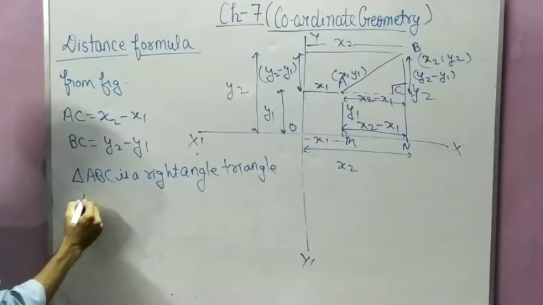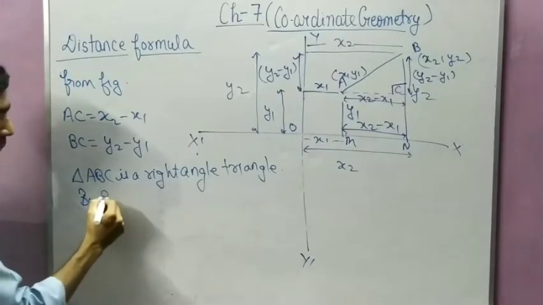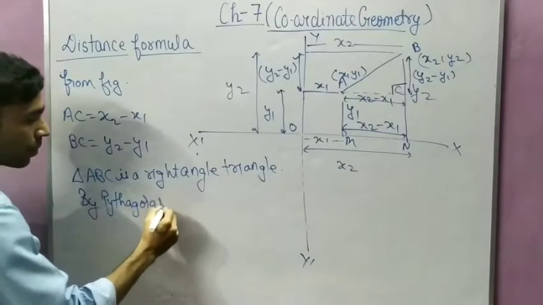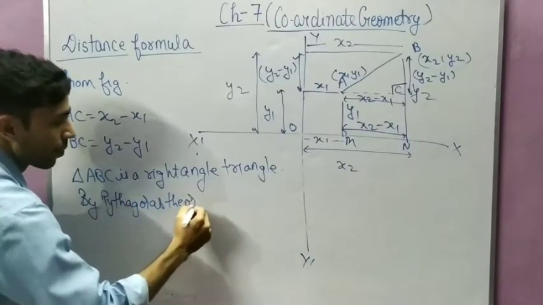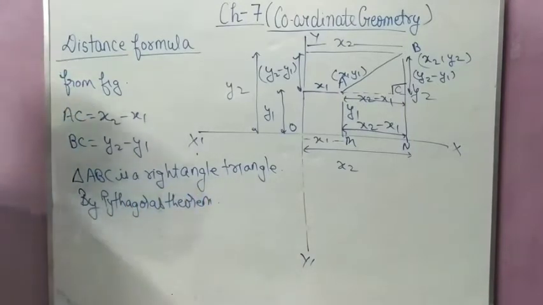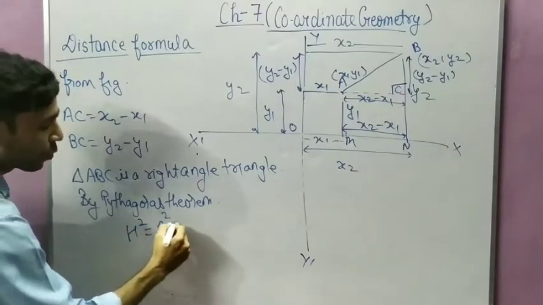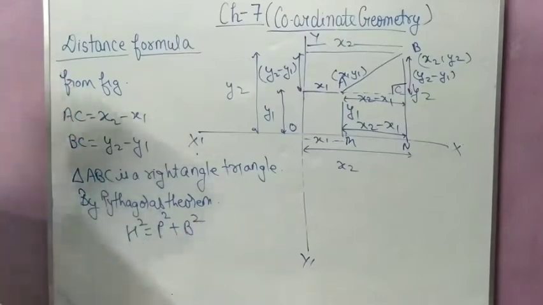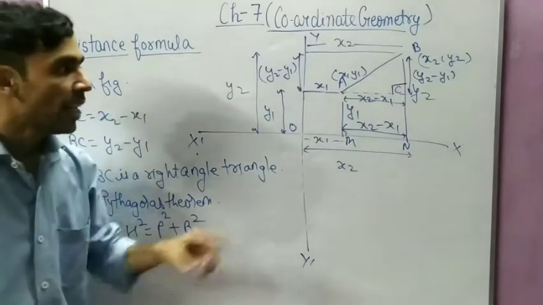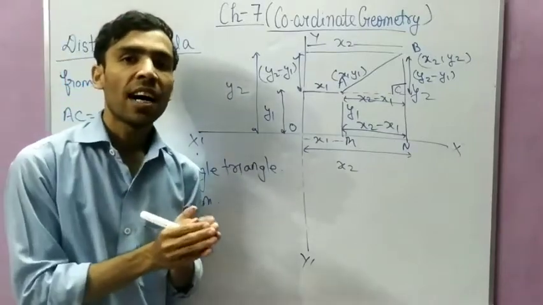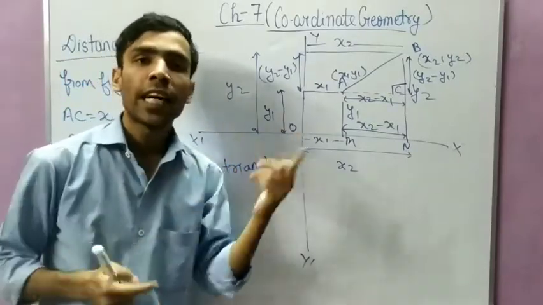So by Pythagoras theorem, what is Pythagoras theorem? Hypotenuse square is equal to perpendicular square plus base square. This you all know. And in this triangle, what is hypotenuse? Hypotenuse is the side in front of 90 degree.